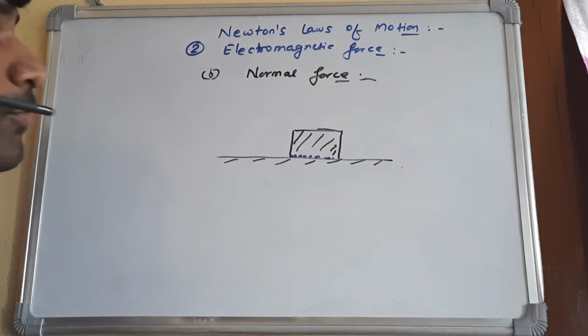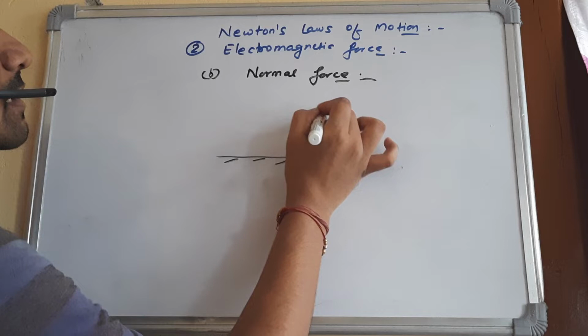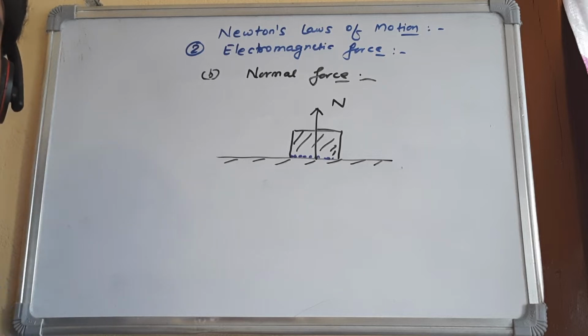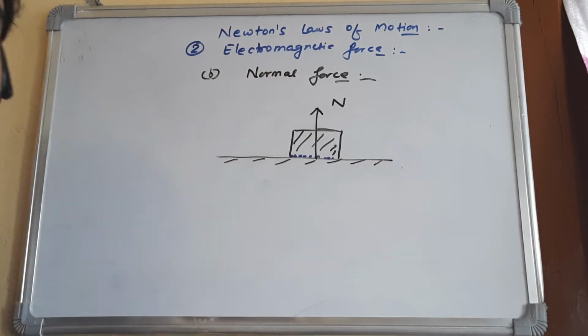And the normal force which we talked about is the force which the surface is applying. So the surface is applying a normal force, and in response, obviously the block will also apply a downward force, and hence they are stable to each other. So wherever there is a contact, there is an electromagnetic force.